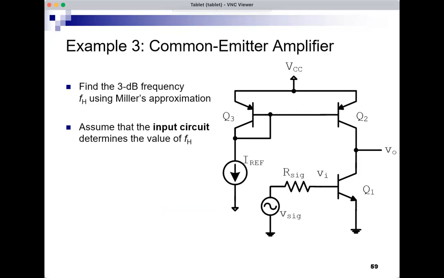When I analyzed the common source amplifier, we said that we can use the same equations if we have also common emitter. So the same equations would apply, and I can use them here. There is a difference: I don't assume R prime sig is R sig. Here R prime sig is R sig parallel with R pi 1.